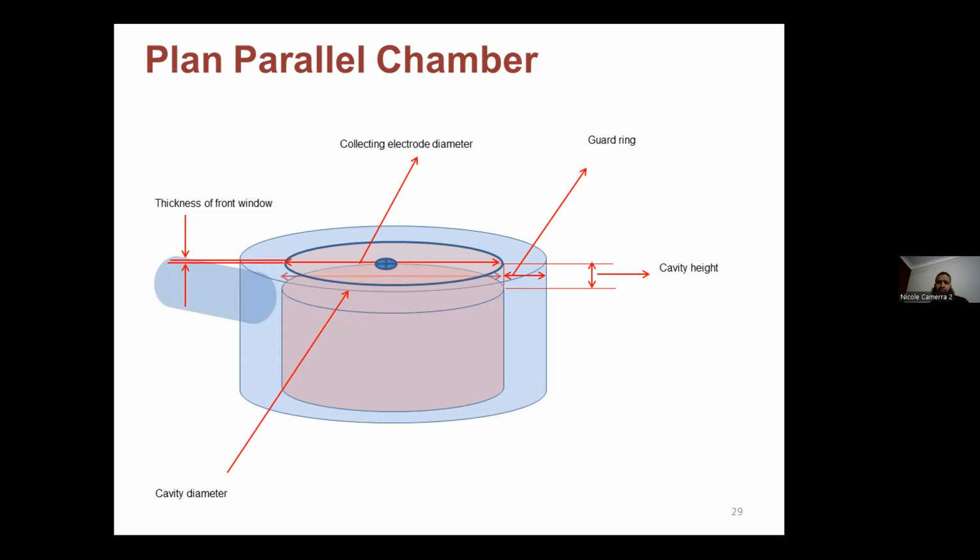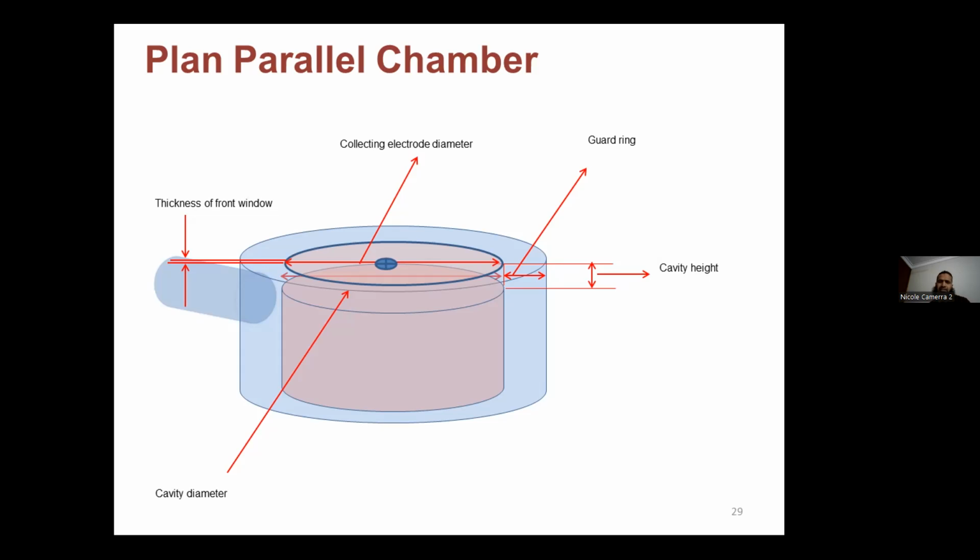But if you're using the plane-parallel chamber, you can go down to 1 gram per centimeter squared, so your R50 could be as low as 1 centimeter.